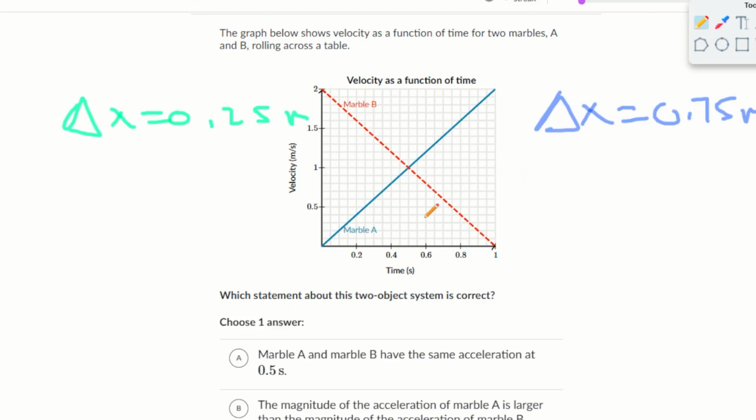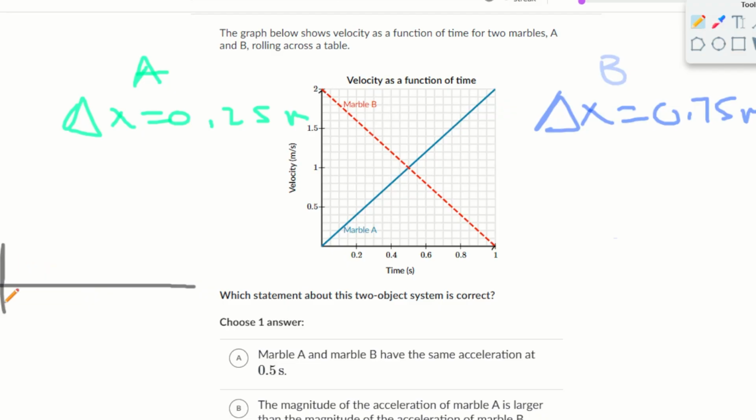So now that we have our two displacements, here we have marble A, and over here we have marble B. Marble B has a greater displacement compared to marble A, and to remind you guys, displacement is the distance from the origin of the start.